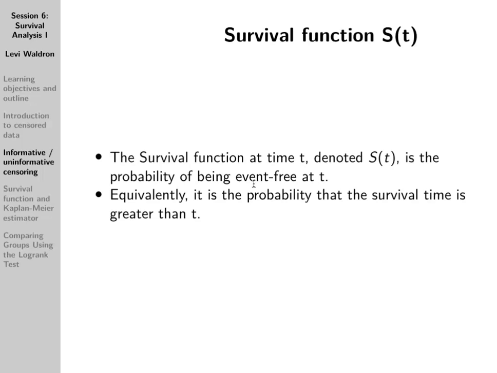So if the event is death, then it's literally survival. If the event is something else, then it's just the probability of being event-free. Equivalently, it's the probability that the time that an individual survives is at least t. It's greater than t.